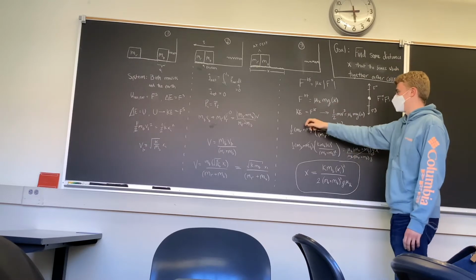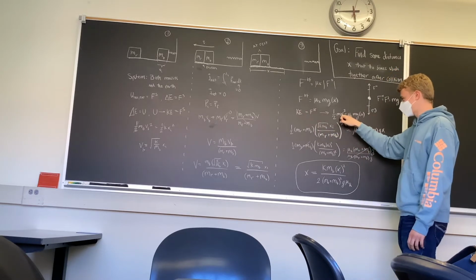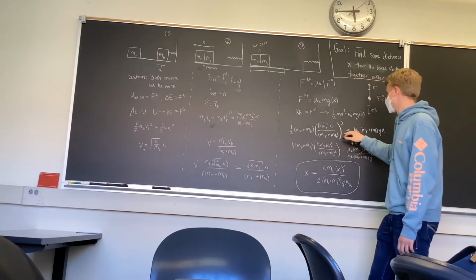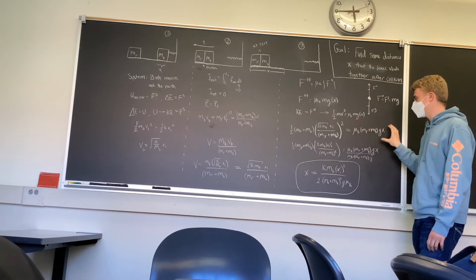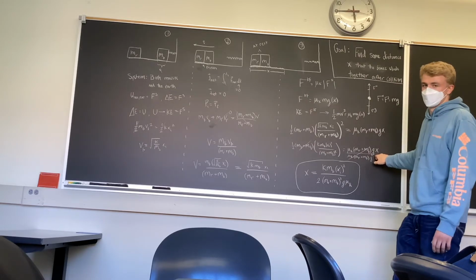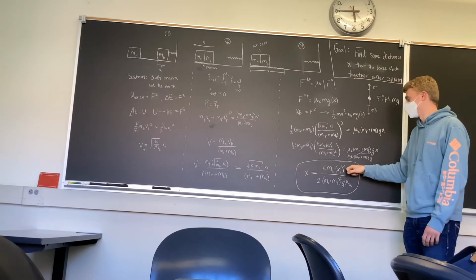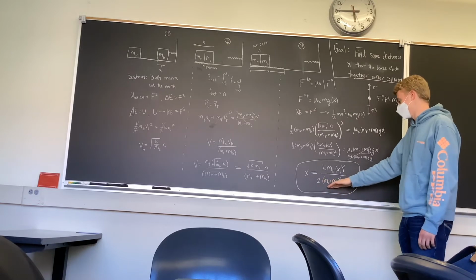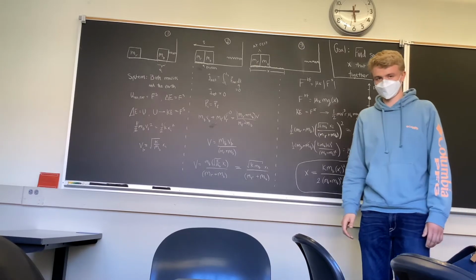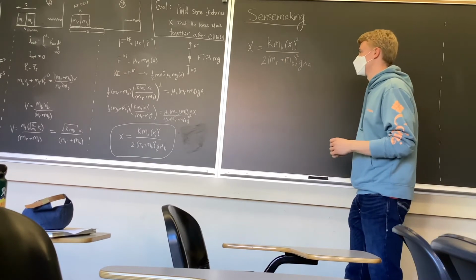If we set the kinetic energy equal to the friction work over distance x, we plug in the mass of the system and our velocity squared, and that is equal to mu k mg times x. Then we isolate x and solve for it, and we end up with x equals k times mb times xi squared divided by the mass of the system times gravity times the friction coefficient. So this is our solution for the problem where the system has slid some distance x.